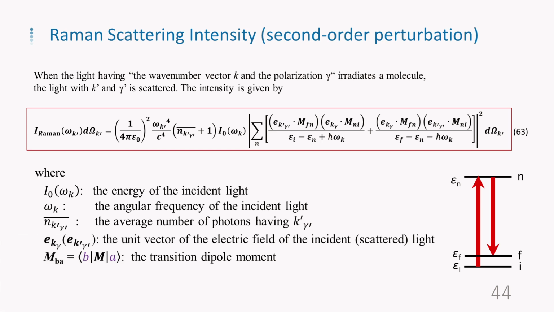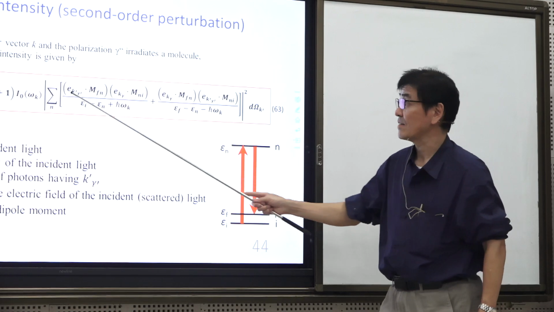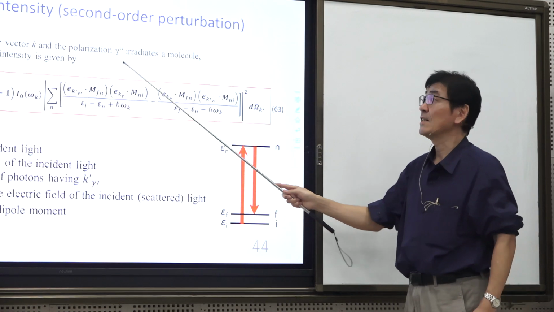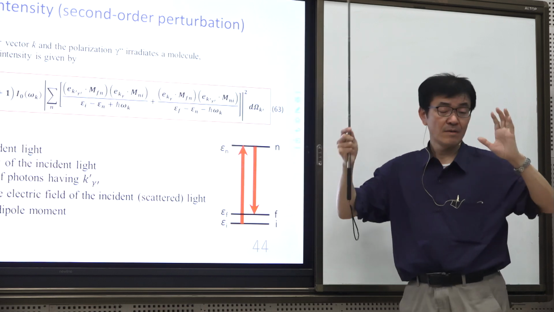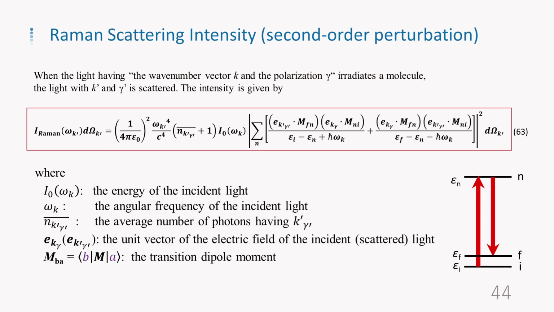But anyway, by considering these points, we can derive Raman scattering intensity in this way. I will explain each point later, but anyway, it comes from the H' term of the interaction Hamiltonian, and momentum operator is included here.